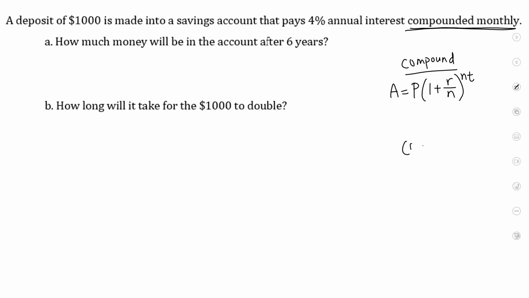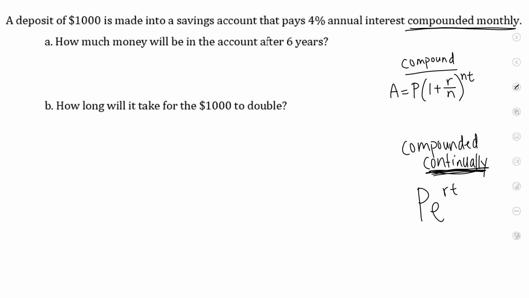If it's compounded continuously, then this is your formula. PERT. When it's compounded continually. When you see the word continually, you use P-E-R-T. Okay? When it just says regular compounded, monthly, daily, yearly, whatever that they say, it's this formula. The distinction is the word continually when you use this one, okay?